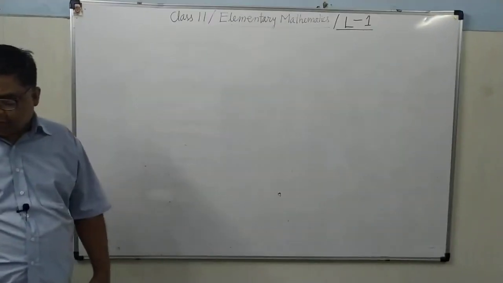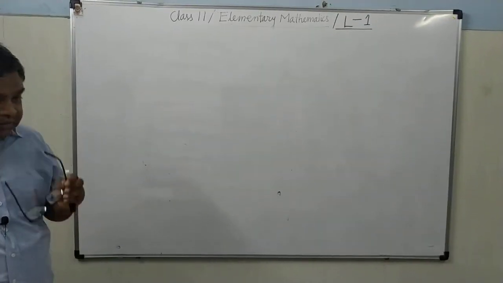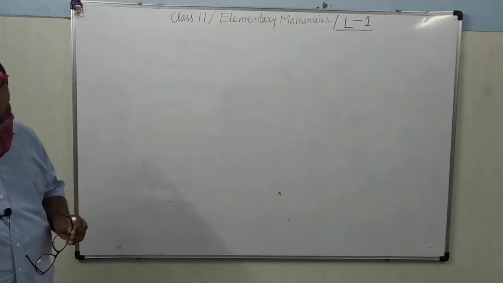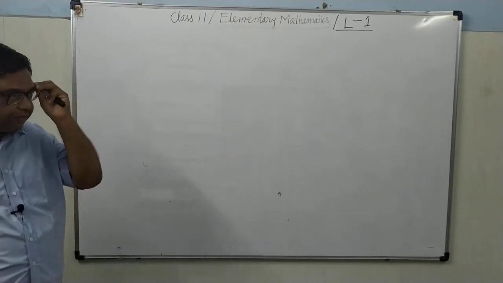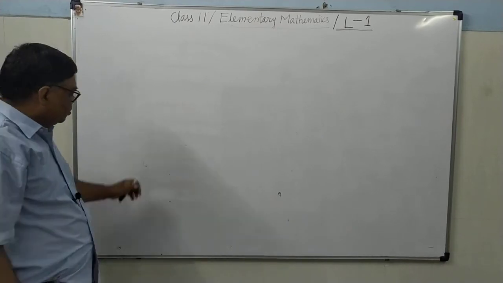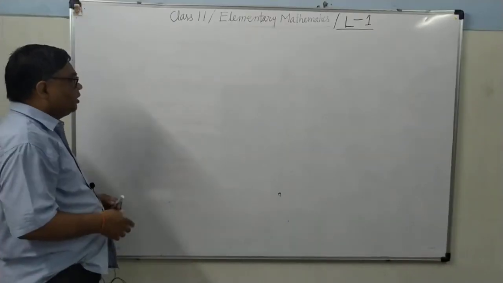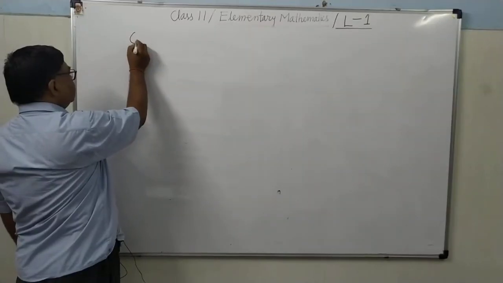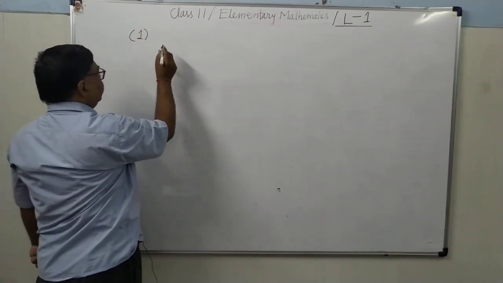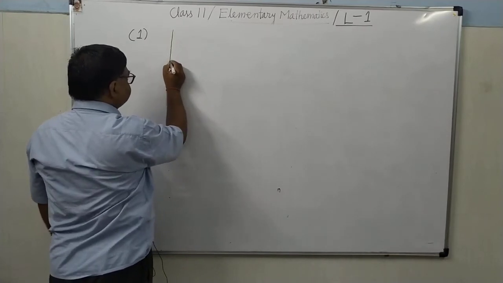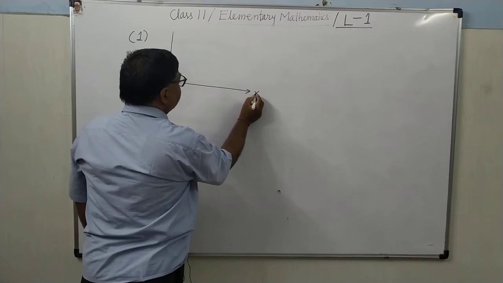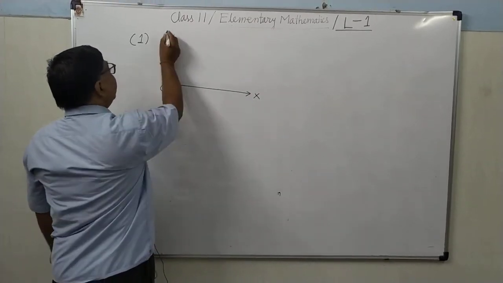And you must be having the idea of the displacement-time graph and velocity-time graph for one-dimensional motion. So we will explain simultaneously from that. Is it clear? So the first thing is, you see here, suppose the graph is like this, the graph is parallel to the x-axis.